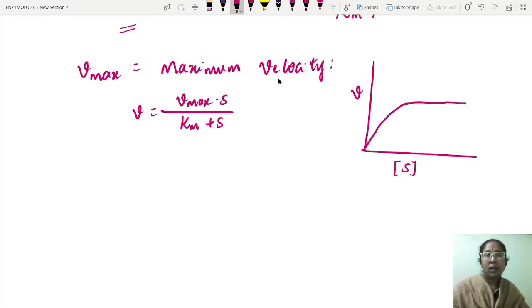This is the graphical representation of the Michaelis-Menten equation. Now let us concentrate on the Vmax or maximum velocity. Vmax is nothing but the maximum velocity.